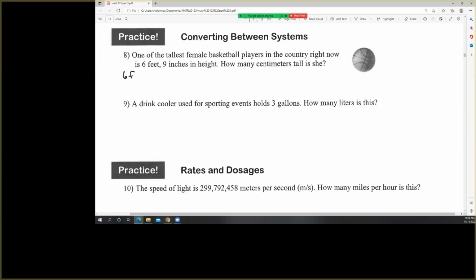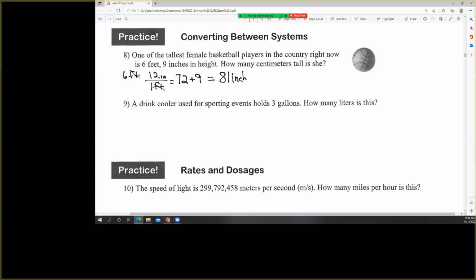So my 6 feet, 1 foot is 12 inches. That's why we're going to do it in 2 steps. So that changes to 72 inches plus the 9 inches. So in total, she is 81 inches.